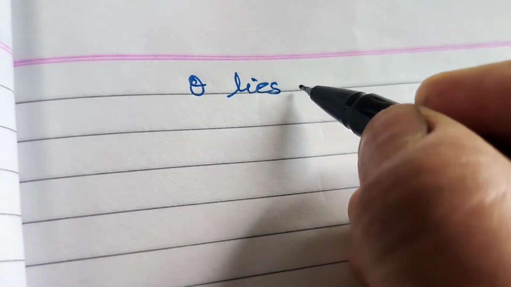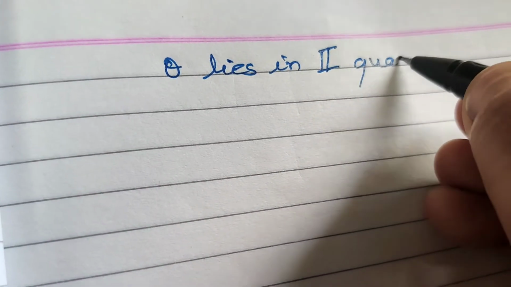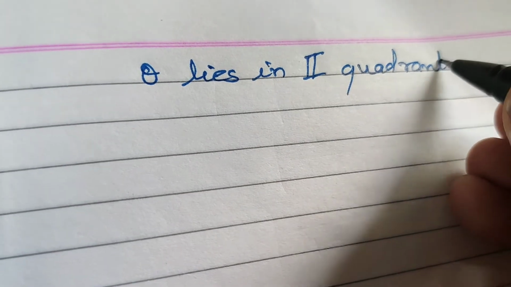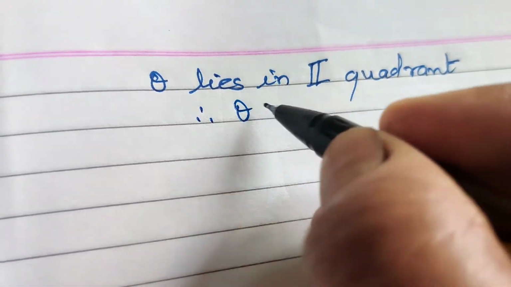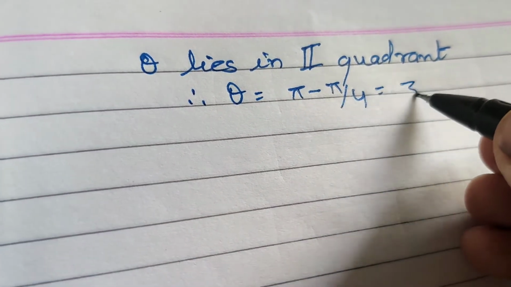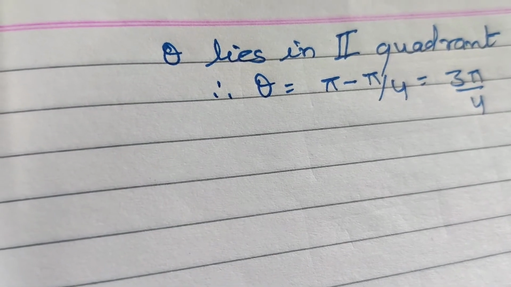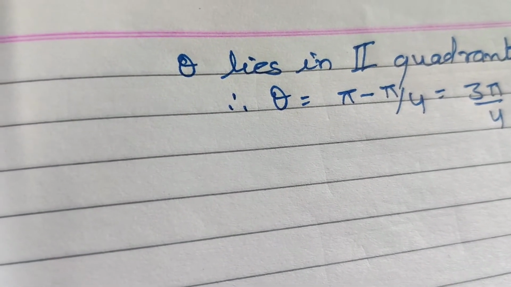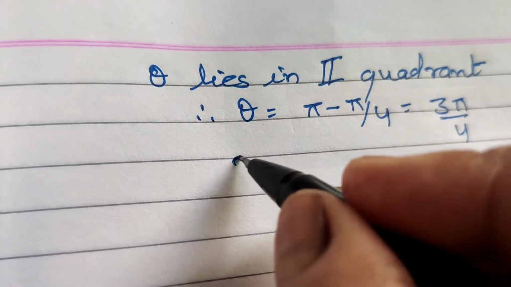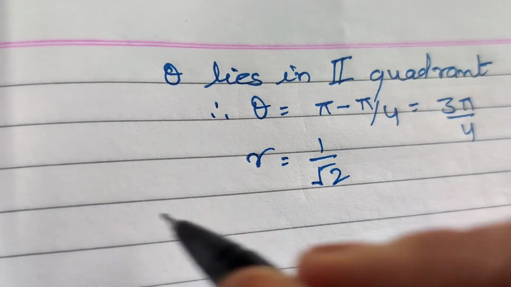If cos theta is negative and sin theta is positive, it means theta lies in the second quadrant. Therefore, theta equal to pi minus pi by 4. This is the argument: 3 pi by 4 is the argument and the modulus is 1 by root 2. This is the modulus, that is the argument.